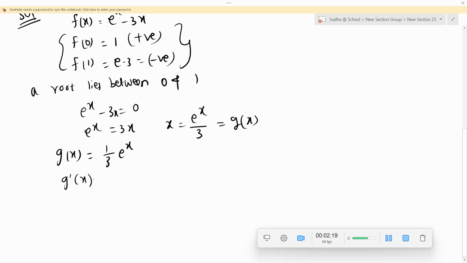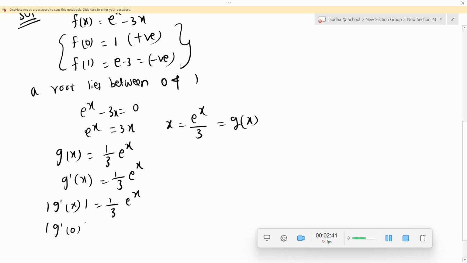So g dash of x means we need to differentiate again with respect to x. e power x differentiation is e power x. So modulus g dash of x equal to 1 by 3 e power x.